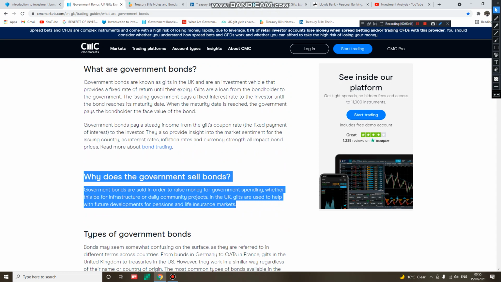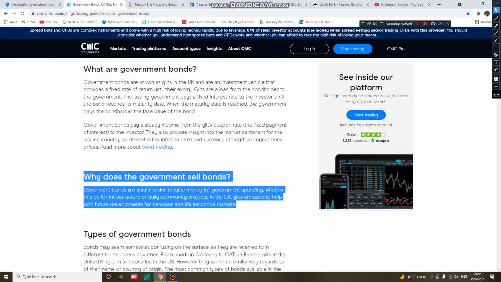It could be for infrastructure or daily community projects. And this strategy is often deployed by governments of most countries to raise cash, mitigate risk, and plan for the future. For instance, in the UK, gilts are used to help with future developments for the pension and life insurance market.